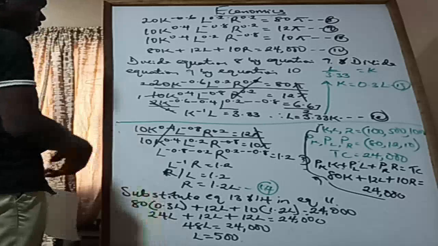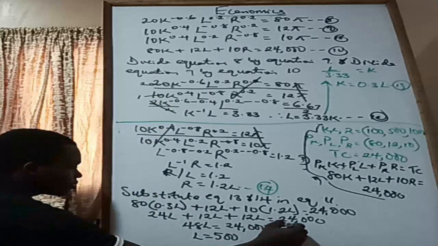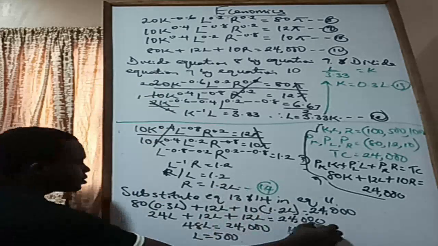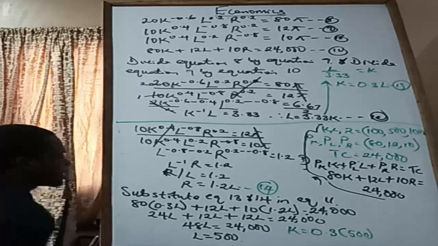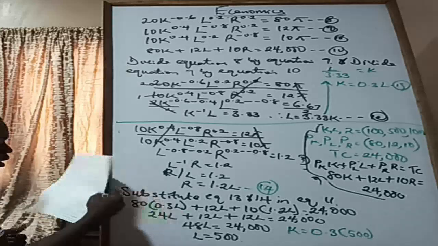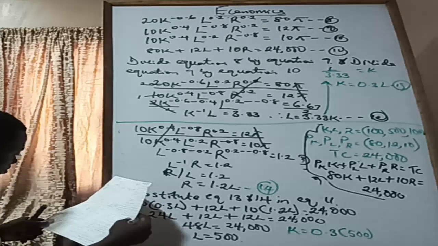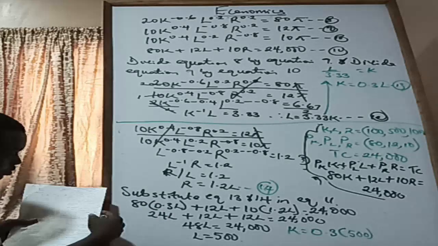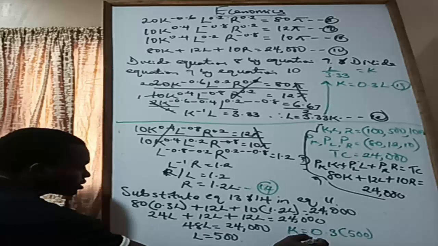So let's go and get K. K will be equal to 0.3 into brackets 500. That's 150. So the answer here is 150.